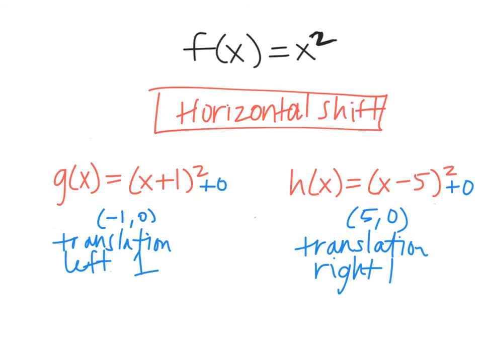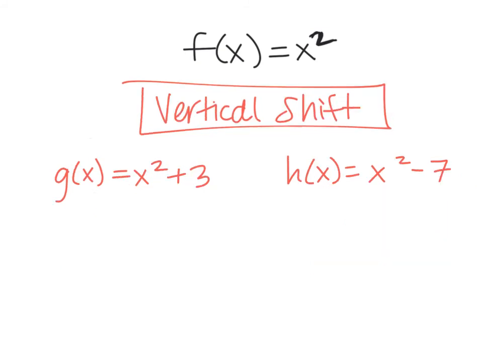Neat. Okay, last thing is vertical shifts. Vertical shifts move up and down. We look at the k value, the number at the end. So this guy's going to have a vertex of 0, 3, and the other one has a vertex of 0, -7. Hopefully this one is the easiest out of the bunch.